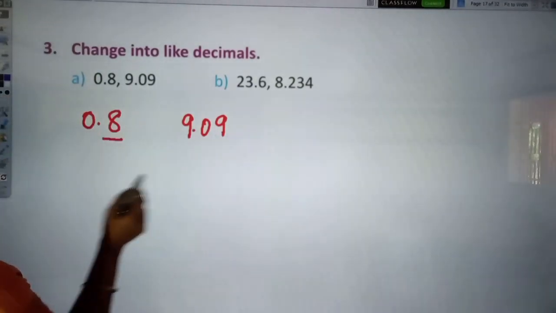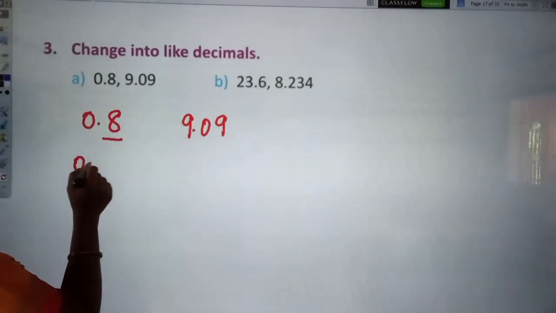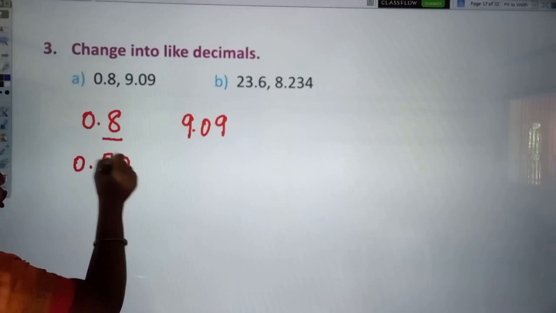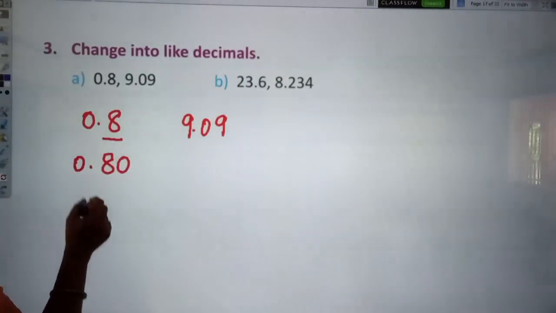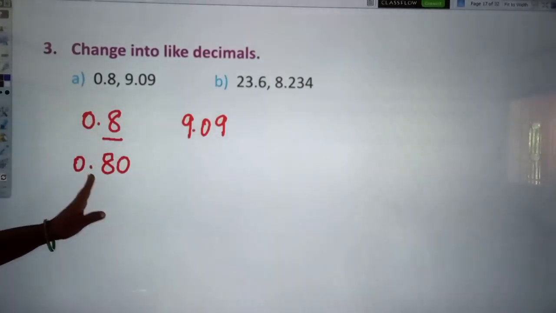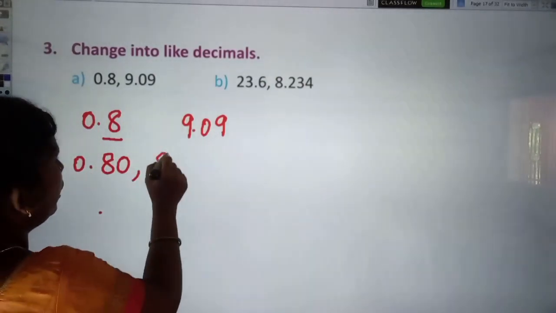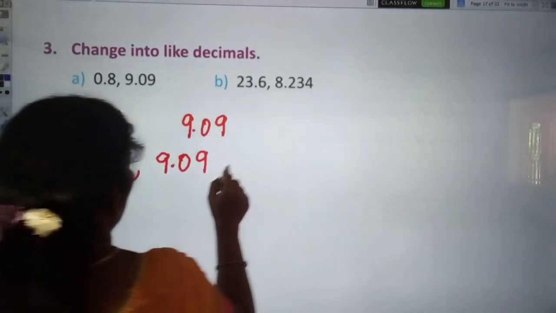So to convert this 0.8 to like decimals, we have to add 0 after this. By adding this 0, the value of this 0.8 does not change. Hence 0.80 and 9.09 are like decimals. Like that we can conclude and mark here.